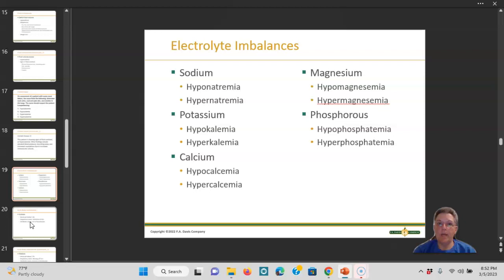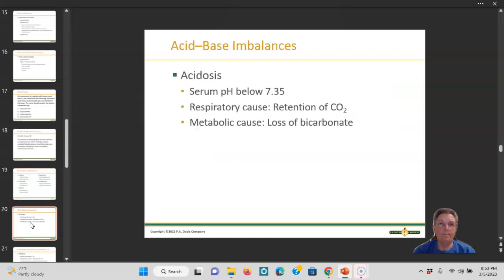Make sure that you make it very clear whether you're saying kalemia for potassium or calcemia for calcium. K, potassium. Hypomagnesemia, hypermagnesemia, phosphorus as well. Those are all the words that you need to remember and know whether it is too high or too low. And then your acid base.